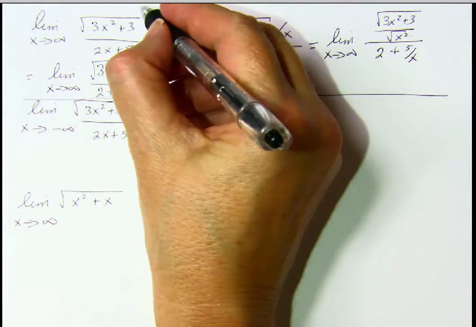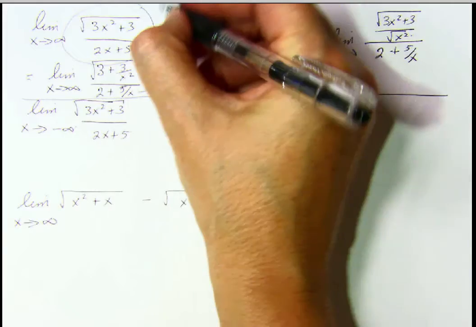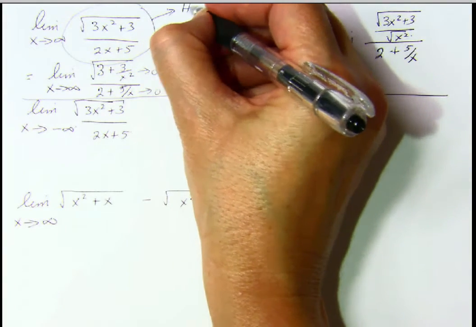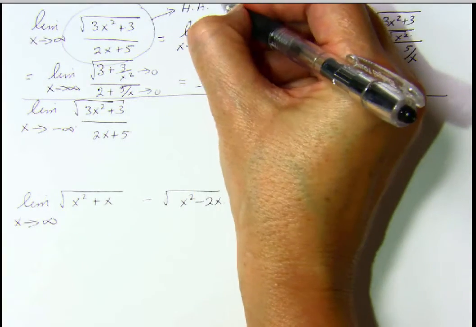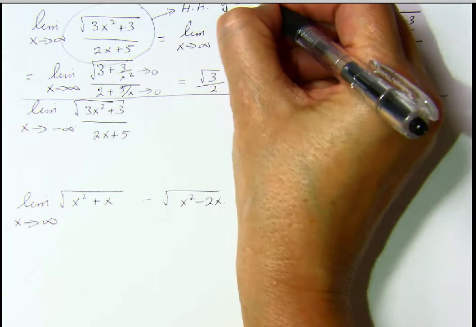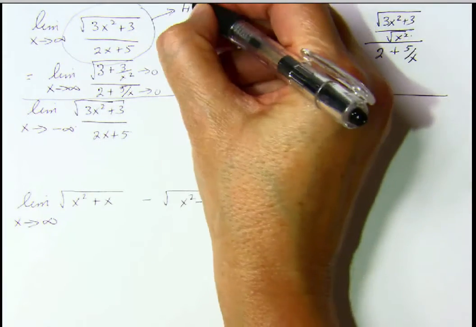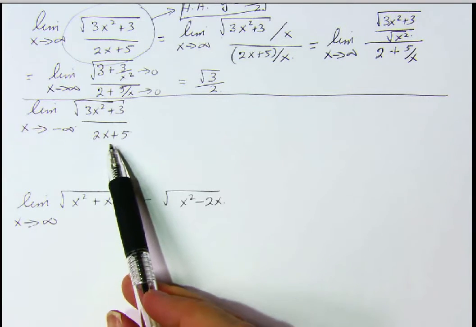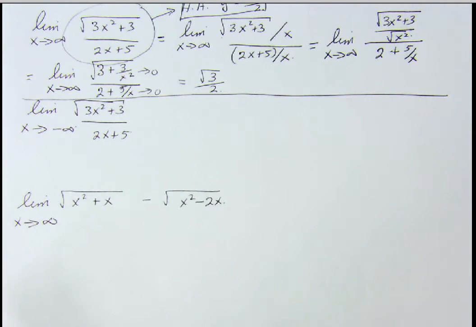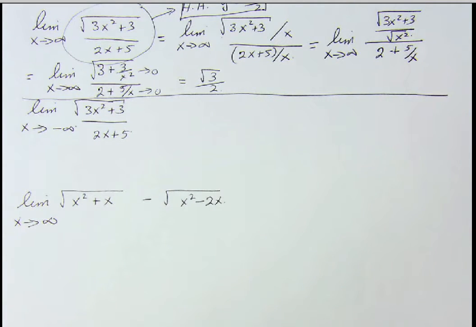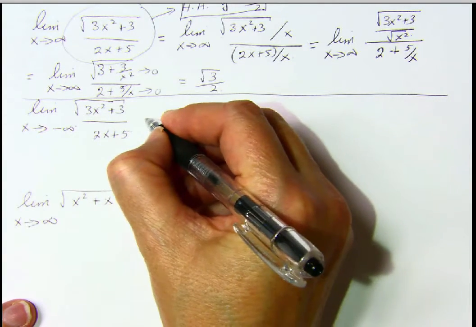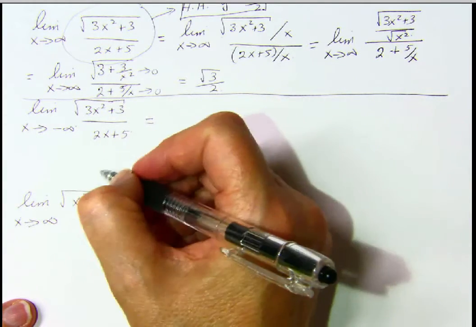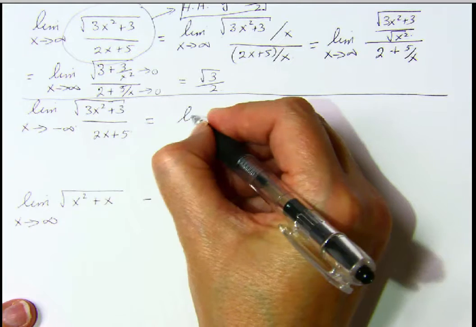So for this function, we have a horizontal asymptote of the form y equals the square root of 3 over 2. Now we may have a different horizontal asymptote as x goes to negative infinity, if this limit exists. So again, we divide by x in both numerator and denominator.